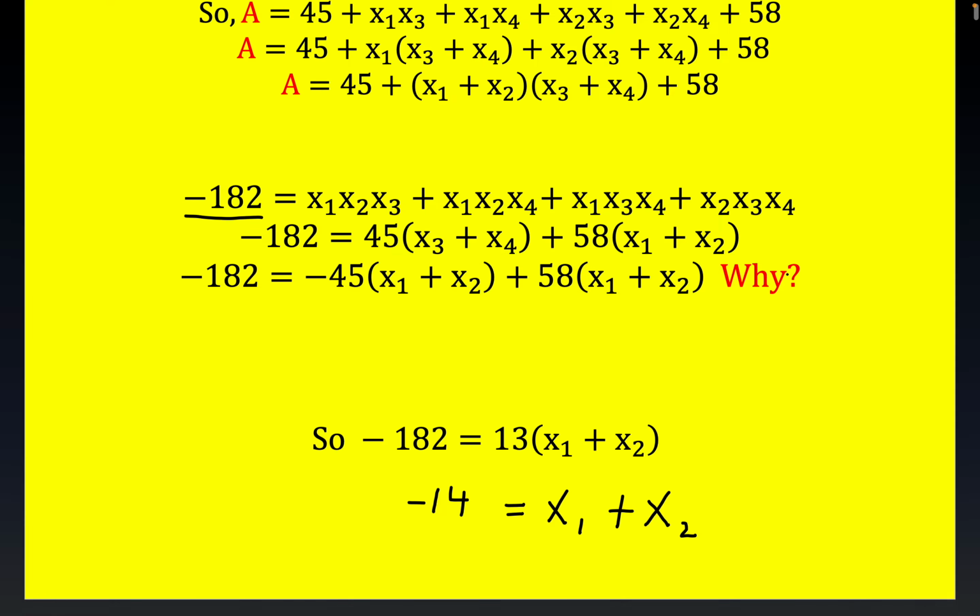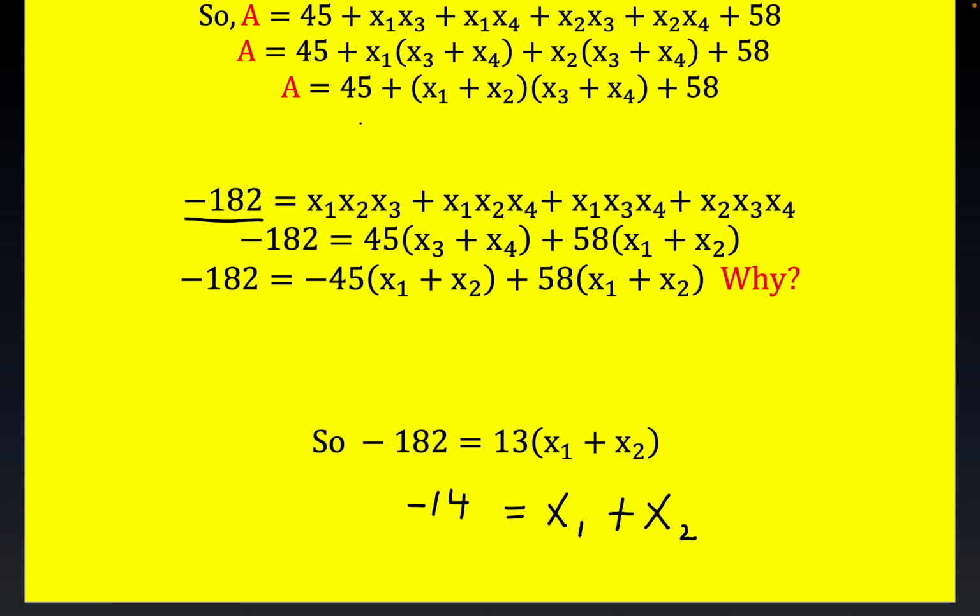Because right here, that's going to turn this. You see, we know that x sub 1 plus x sub 2 is the additive inverse of x sub 3 plus x sub 4. And so what we get right here, folks, is this: 45 plus minus 14.